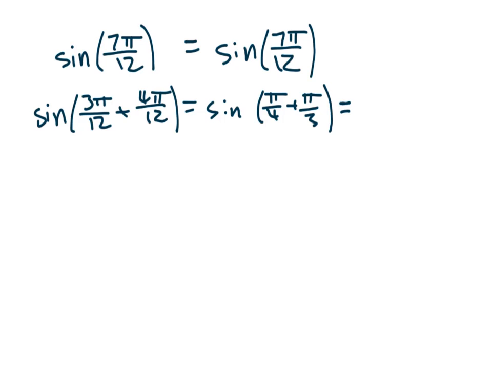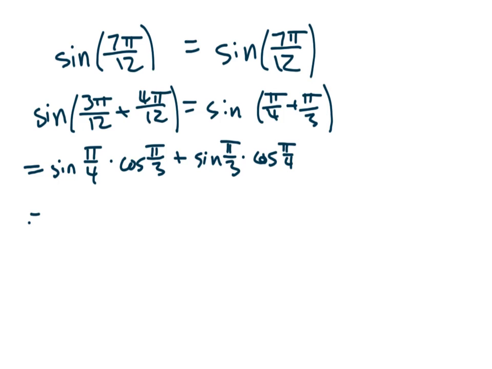So using the sum angle identity, you would get sine of pi over 4 cosine of pi over 3 plus sine of pi over 3 times cosine of pi over 4.